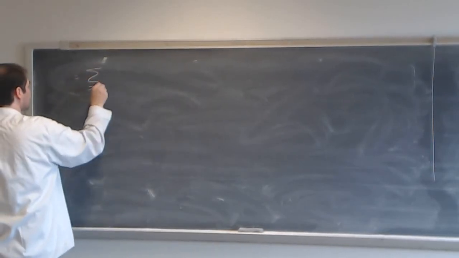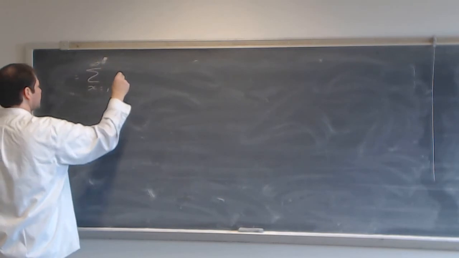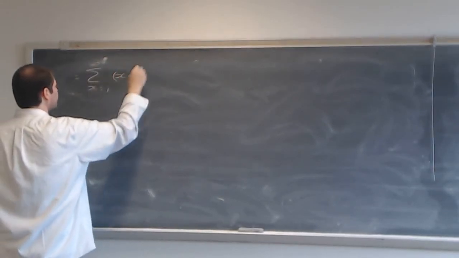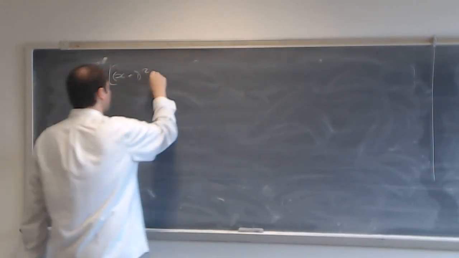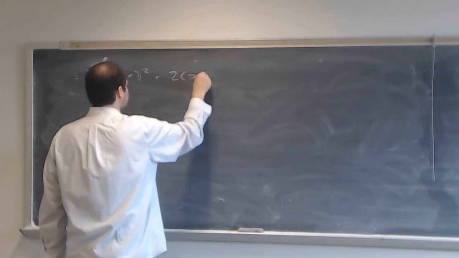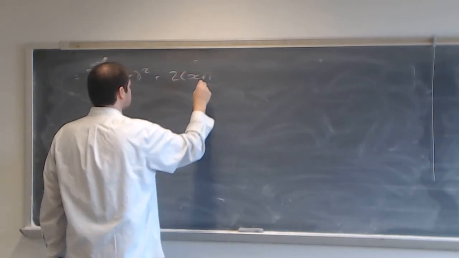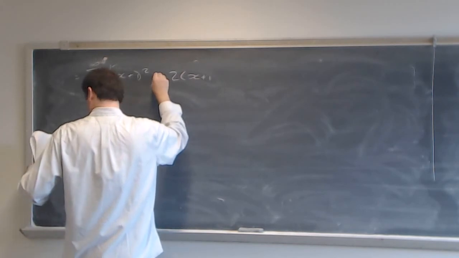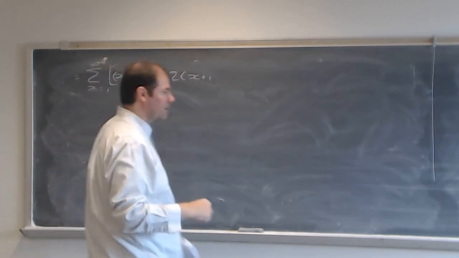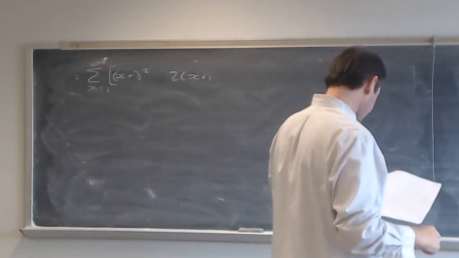When we multiply that out, it would be (x plus 1) squared plus 2 times the quantity x plus 1, and it could be minus 1.